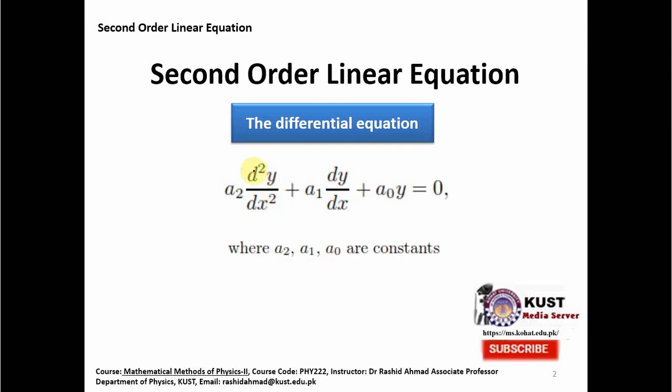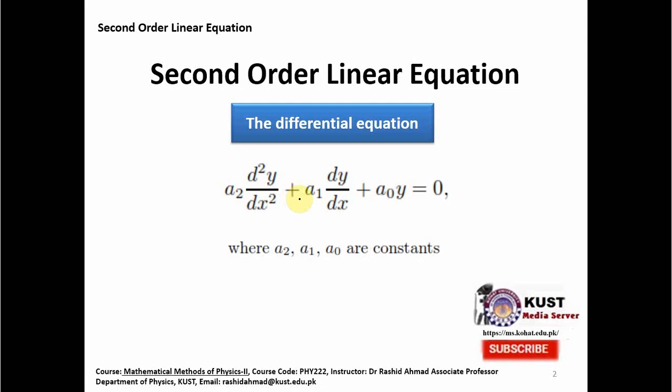If we analyze this equation term by term, the first term is a second order derivative, that is d squared y by dx squared, where y is a function of x, and it is multiplied with a constant a2, some unknown constant.